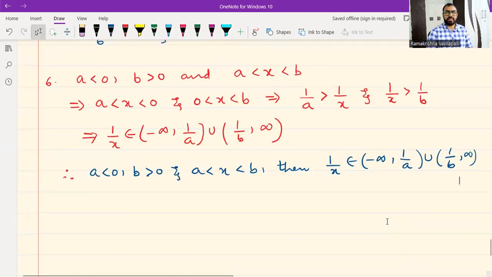So if they have given at any place greater than or equal to or less than or equal to, accordingly we'll take that.